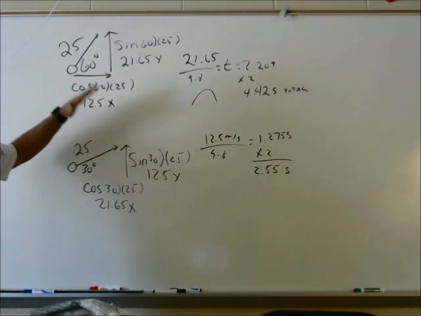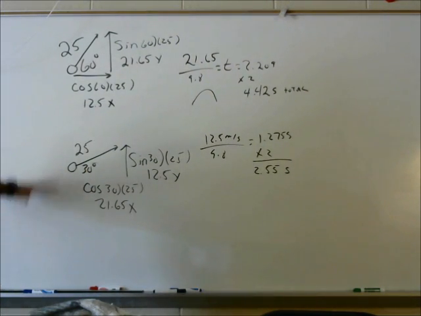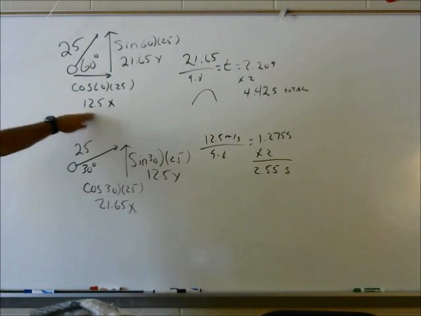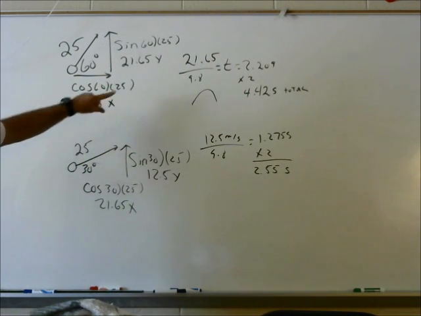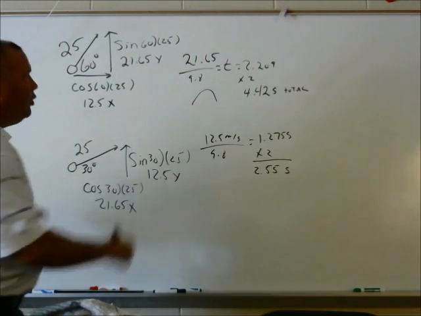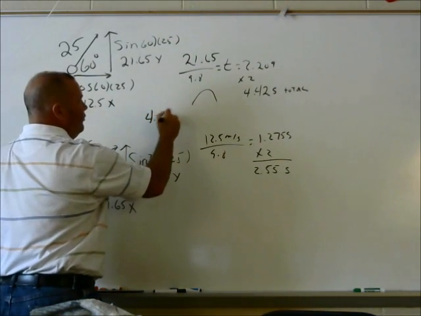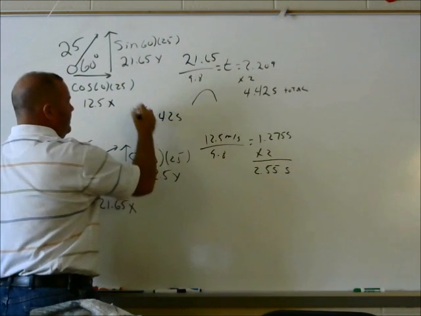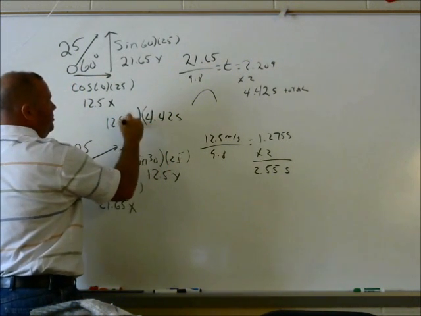Now, during that entire time, in each of those cases, the projectile will be traveling with a horizontal velocity that's constant. So in the upper case at 60 degrees, I'm going 4.42 seconds times 12.5 meters per second.